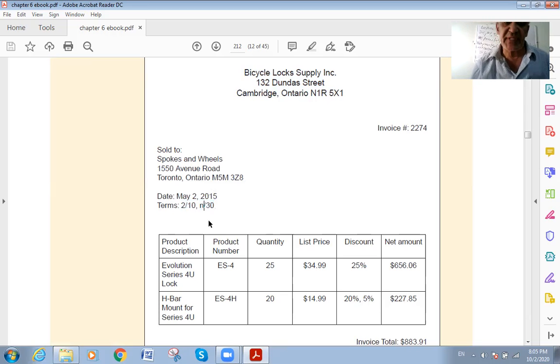After the 10 days, you don't get any discount. The discount is only for the first 10 days. So 2 by 10 and n by 30 means you will have a discount of 2% if you pay within 10 days; however, payment should be done within 30 days.